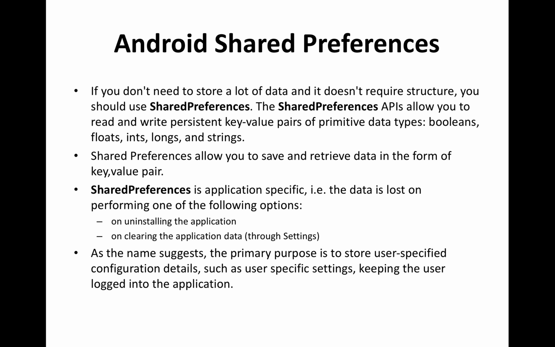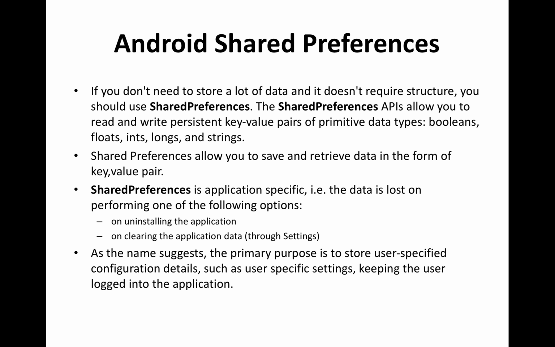Android shared preference. What is Android shared preference? If you don't need to store lots of data and it doesn't require structure, you should use shared preference. The shared preference API allows you to read and write persistent key-value pairs of primitive data types: boolean, integer, string, long, etc. Shared preference allows you to save and retrieve data in the form of key-value data. Shared preference is application specific.